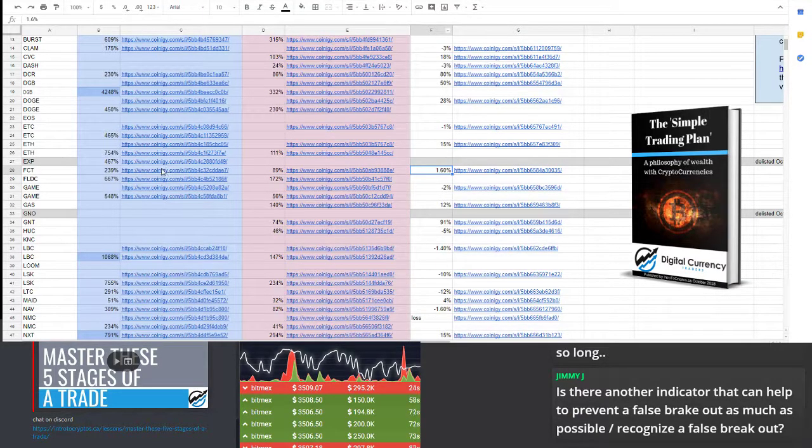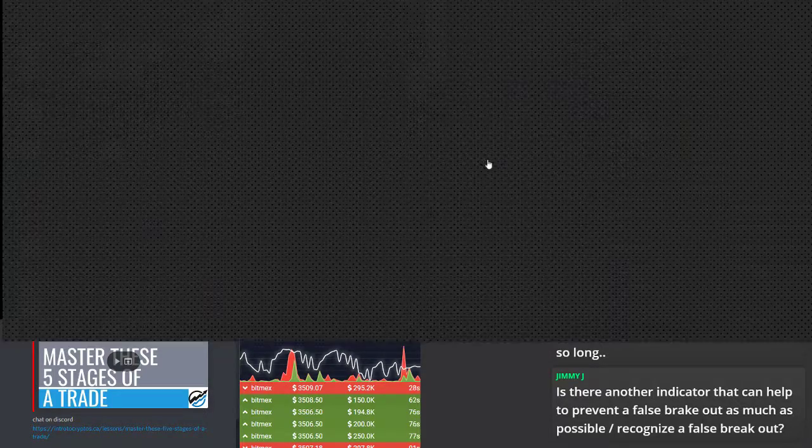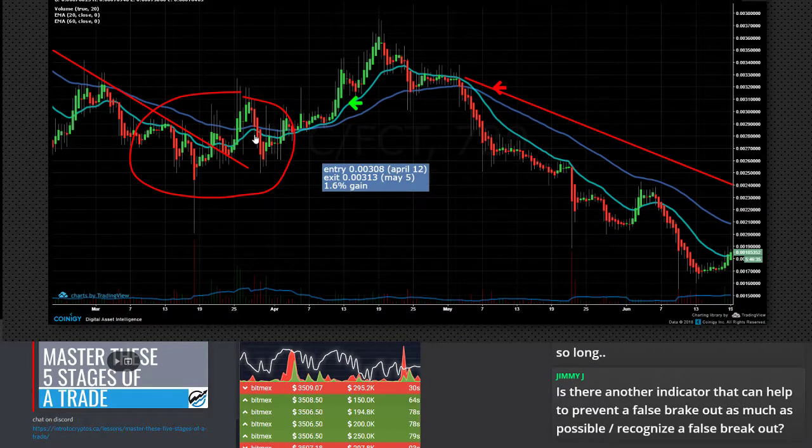Now let's zoom into Factum and take a look at this 1.6% profit. So here again, it was very much smaller, but it still came up to a 1, 2, 3 top formation, and there's the trend line that it broke as our exit signal, and then it finished the 1, 2, 3 top formation. The moving averages crossed over, and this is to completely get out of the trade.